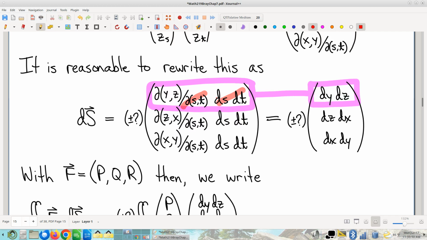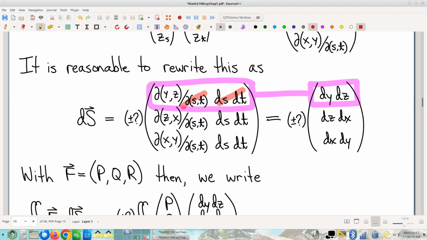If you just say, well, it seems like this reasonably ought to sort of cancel, then wouldn't it seem reasonable to call this dy dz? And if we were doing a two-dimensional change of variables, that absolutely would make sense. And in a sense, we kind of are.